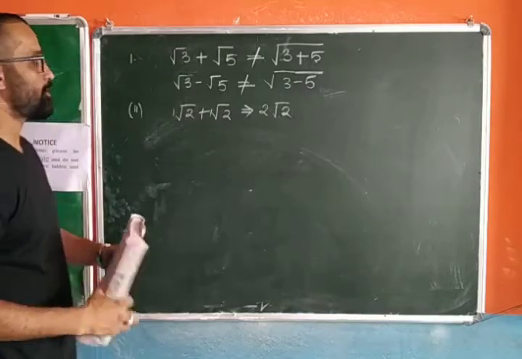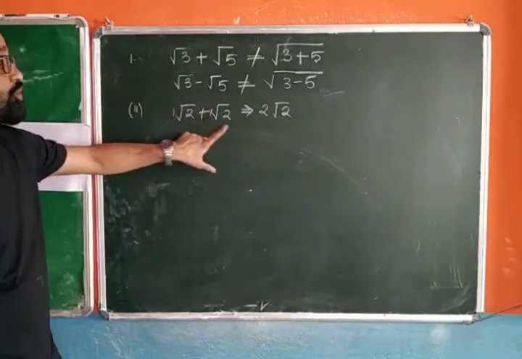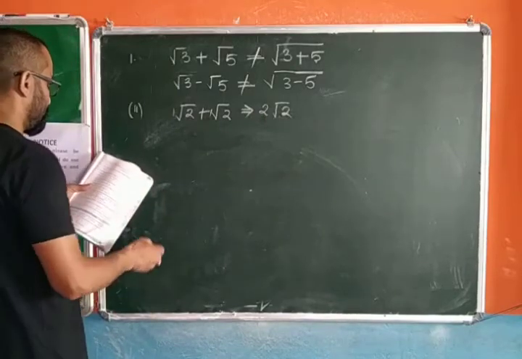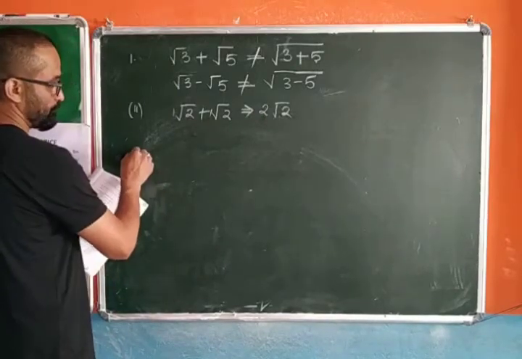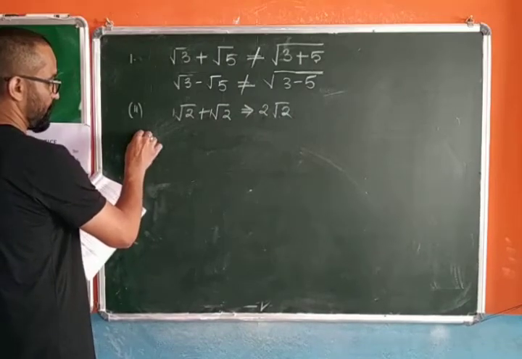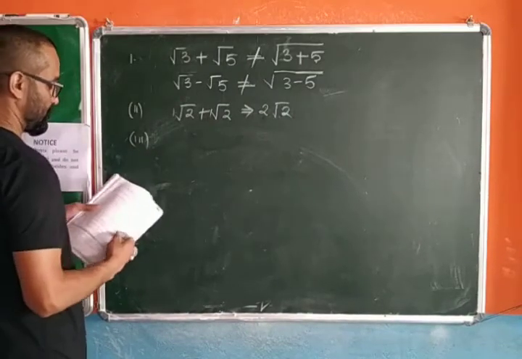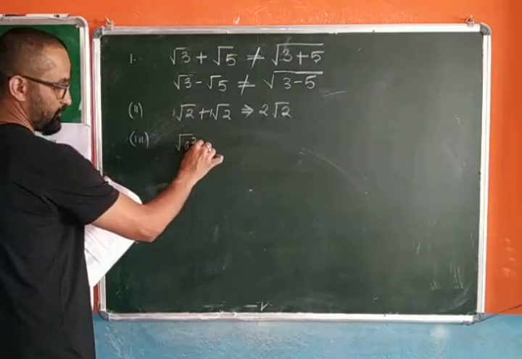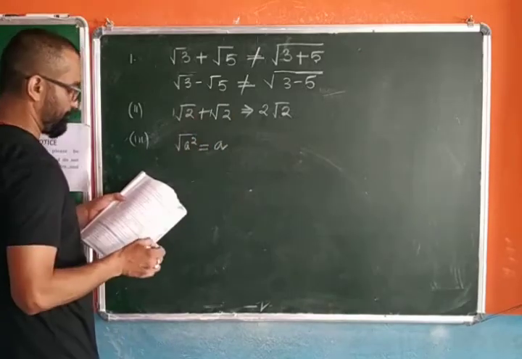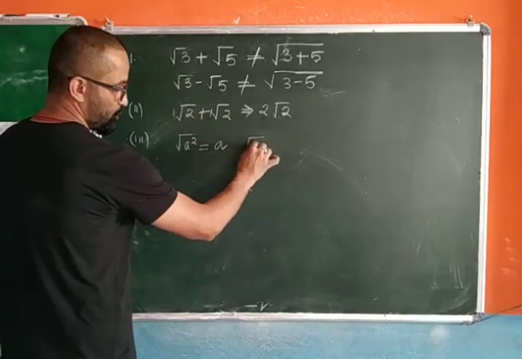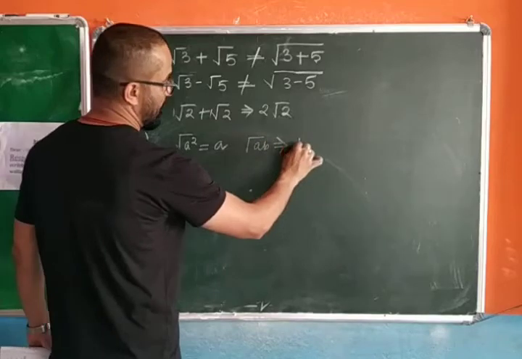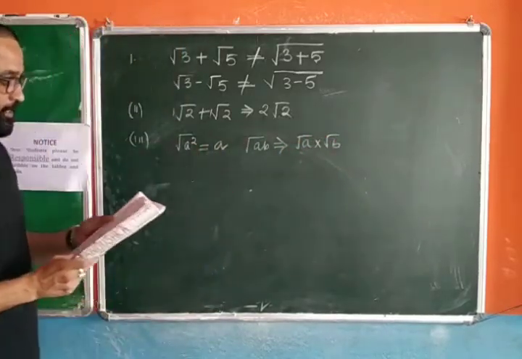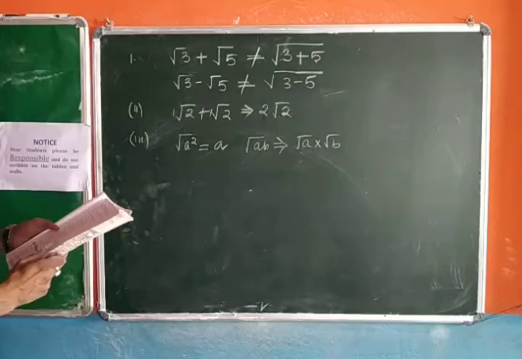The numbers in front of these irrational numbers, you have to add them up. Third, root a whole squared can directly be written as a. Root of ab can be written as root a into root b, and vice versa. It is applicable vice versa.